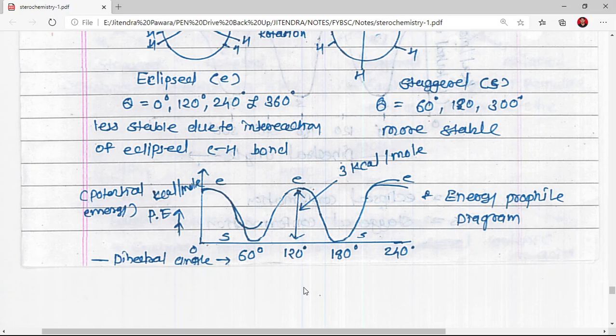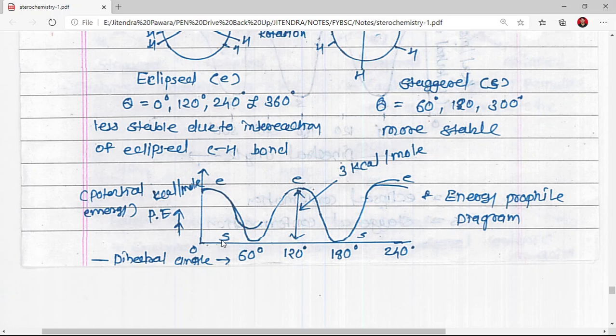So at dihedral angle 0, you will get eclipse conformation. Okay, and when you rotate that first carbon by 60 degree, you will get staggered conformation. Staggered conformation is a less energy conformation.